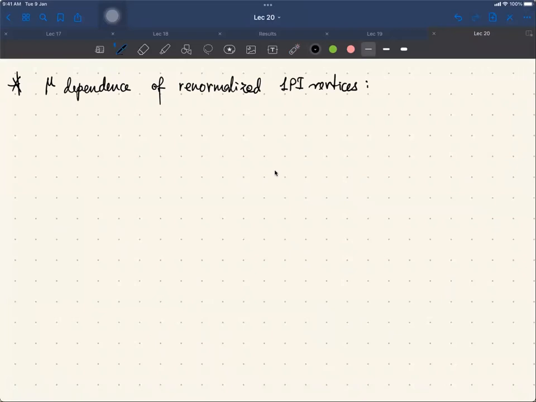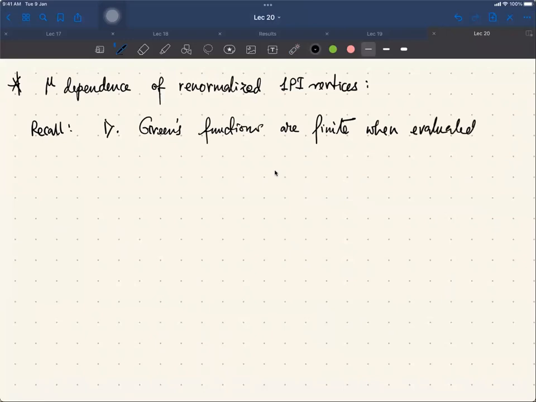We need to recall a few statements. One is that Green's functions are finite when evaluated using modified Feynman diagrams.